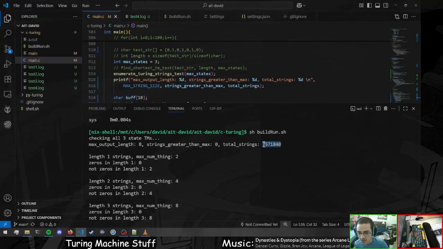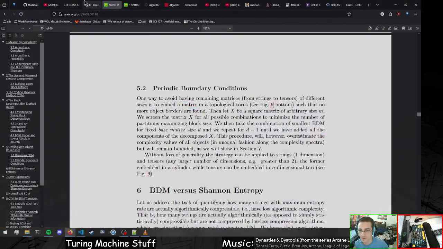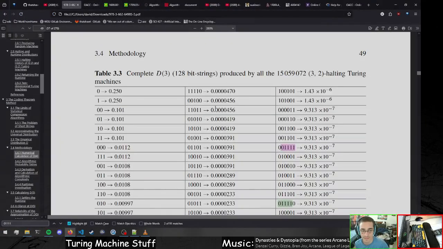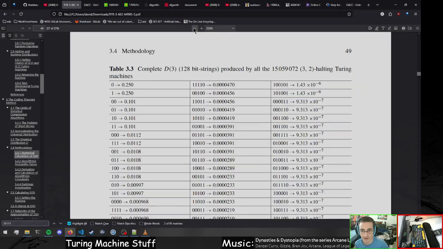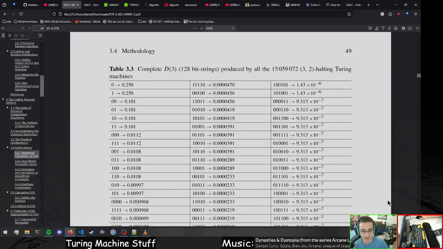So did we actually get the correct... So what is the difference between our code and their code? Did they use a different halting thing, or what Turing machine are they using?